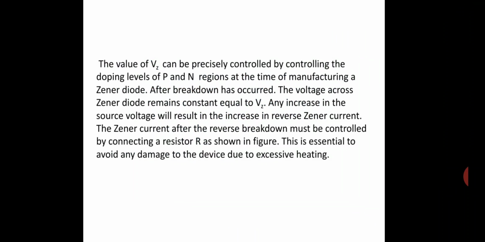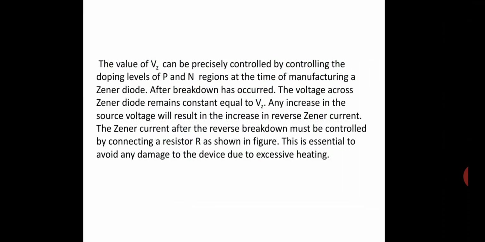The value of Vz can be precisely controlled by controlling the doping level of the P and N regions at the time of manufacturing. After breakdown has occurred in a Zener diode, the voltage across the Zener diode remains constant, equal to Vz.